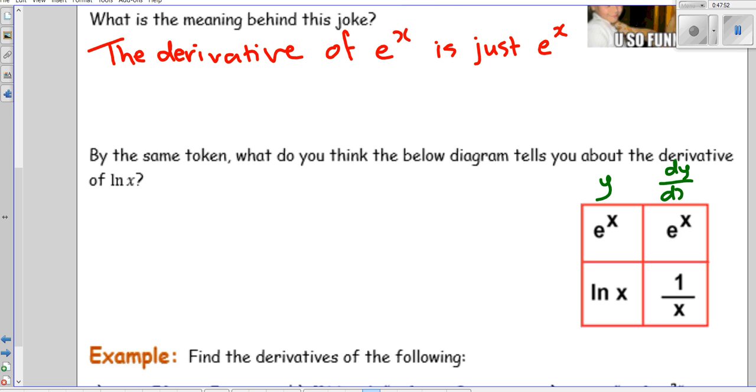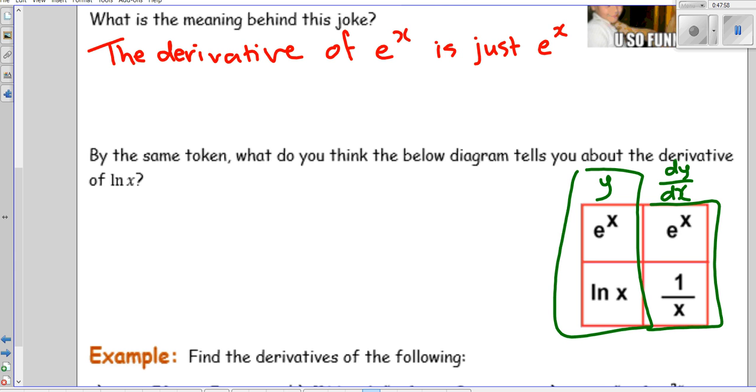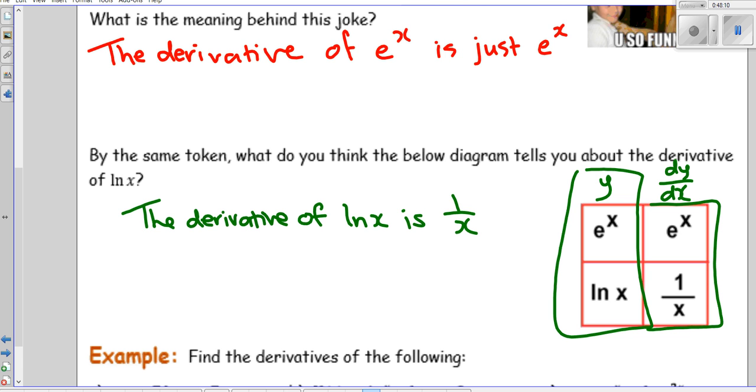So if these were the y's, these are the dy/dx's. The derivative of natural log of x is 1 over x. If you forget those things, remember it's in your formula booklet. If you suddenly doubt yourself, you're allowed to look in the formula booklet and see that.